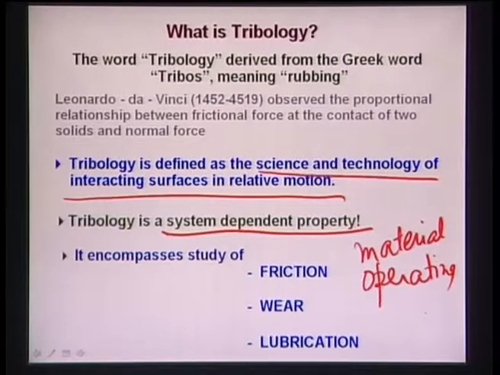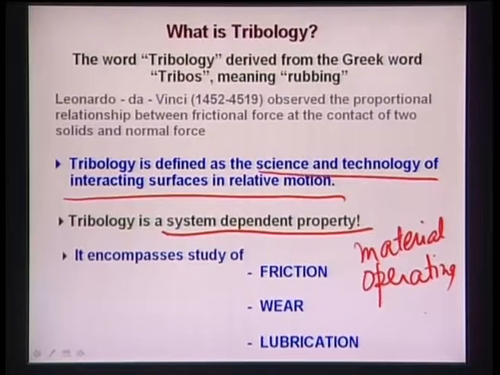So if the other body, or the mating body, or the counter body is different, then the coefficient of friction will also change. So if you make any statement that the coefficient of friction of steel is 0.5, it is scientifically wrong, it is a meaningless statement. You have to always tell the coefficient of friction of steel against what, that material also you have to explicitly mention whenever you mention the tribological property.